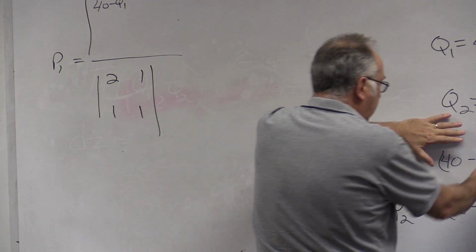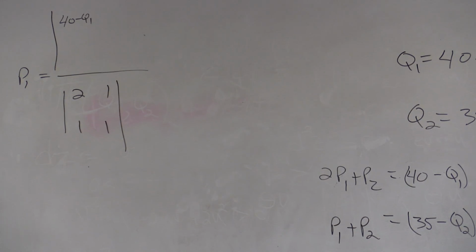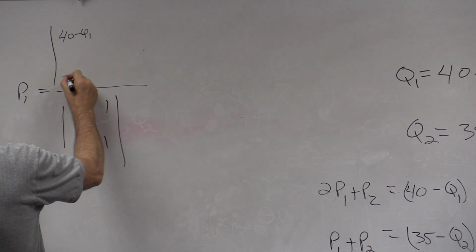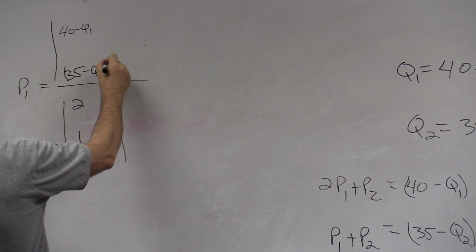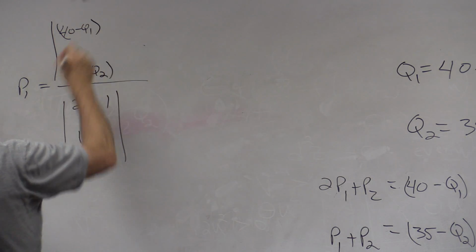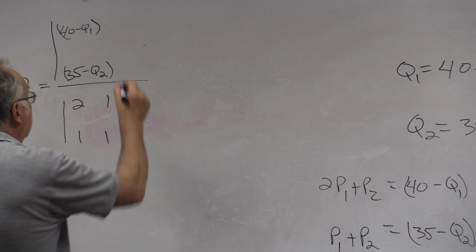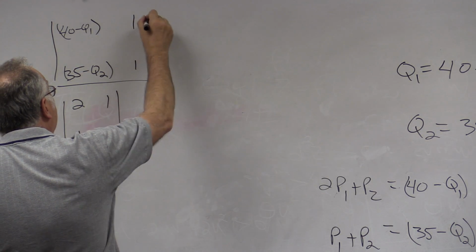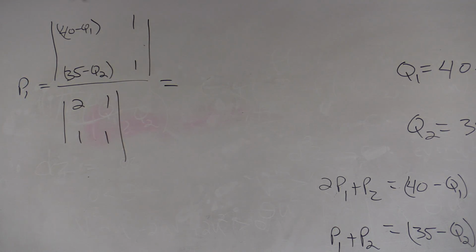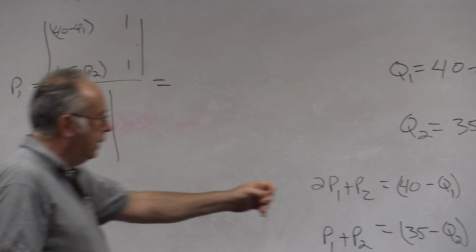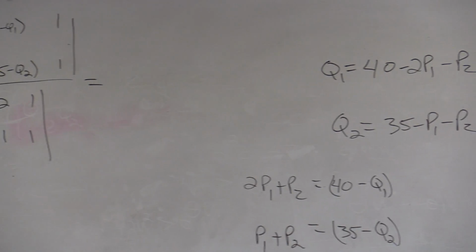Before it was a number, but it's just an entity. You substitute in the 35 minus Q2 here. I'll just put parentheses around these if you like. And then the rest is just 1, 1. So you just use Cramer's rule and treat these things on the right-hand side as the right-hand side constants. So that's all we're doing.